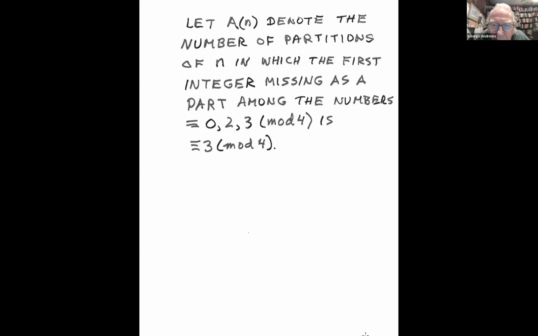They can appear or not appear. We don't care, but we are looking among the numbers congruent to 0, 2, or 3 mod 4, and we are only looking at those partitions where the first missing integer among those three congruence classes is congruent to 3 mod 4.